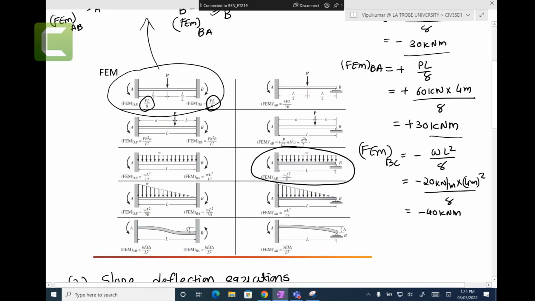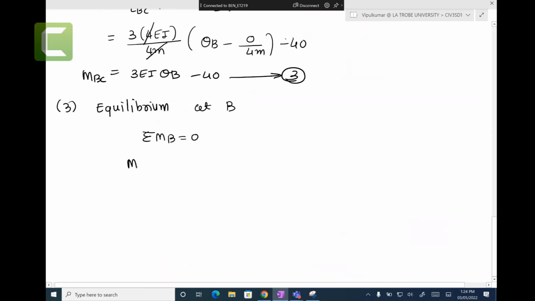So we take moment BA plus moment BC equals 0. All the moments coming at that joint should equal 0. You agree with me? Because that joint is not in space. It's not rotating. It's not a skateboard. It's staying there, meaning all the forces on B equal 0, all the moments at point B equal 0. Point B is not rotating.